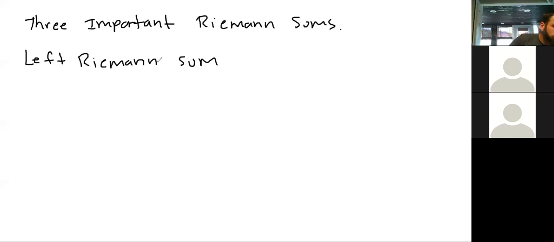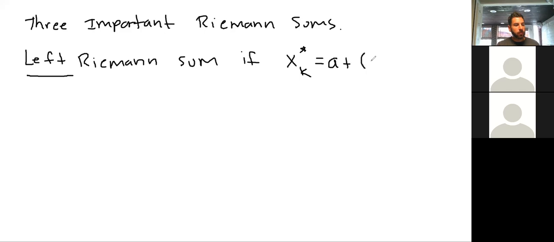So how do we define the left Riemann sum? So we're going to do an example of this. So we need to define our xk star. What gives us a left Riemann sum? We use this formula. And this formula is best learned through experience.